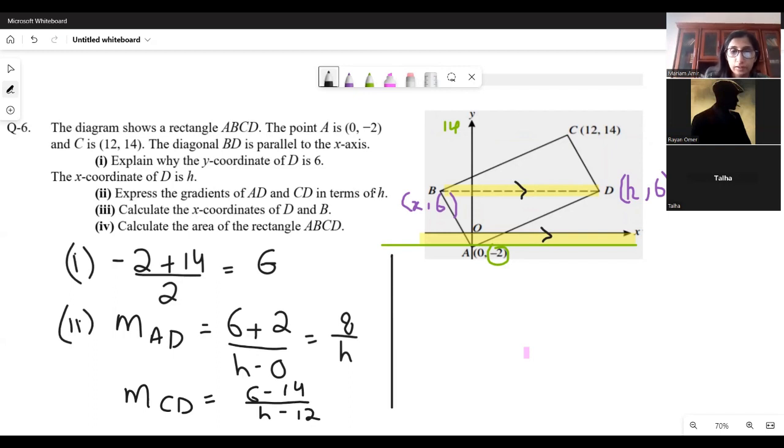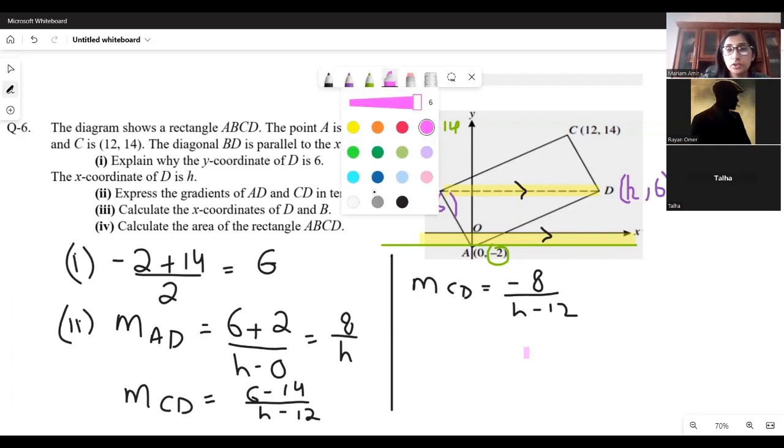Okay, so that gives minus 8 over h minus 12, right? Now, what is the relationship between these two slopes?